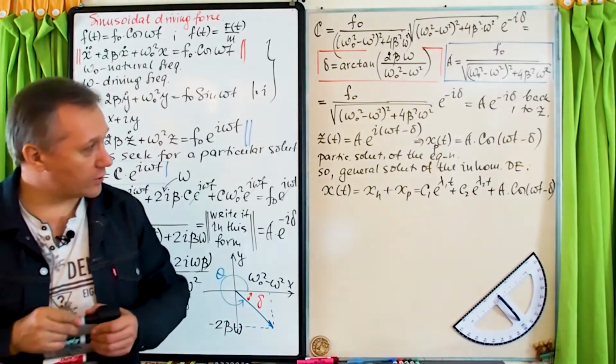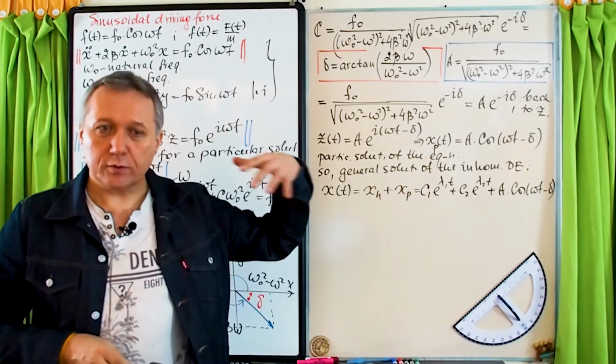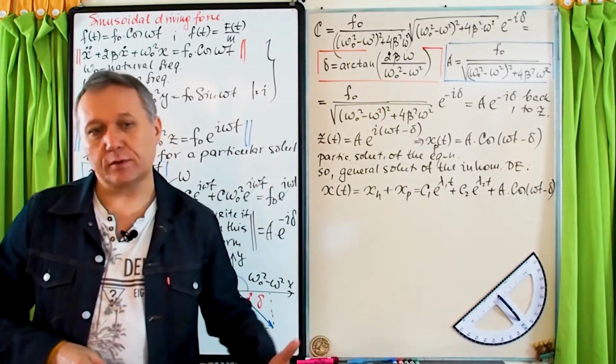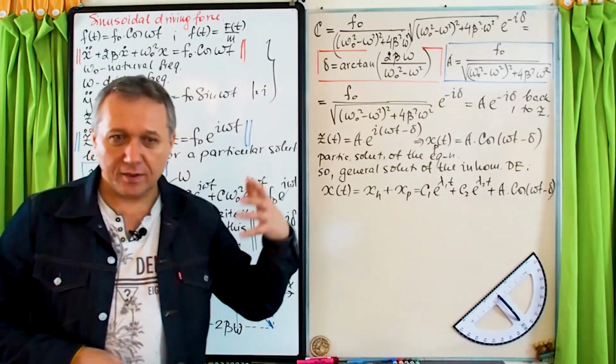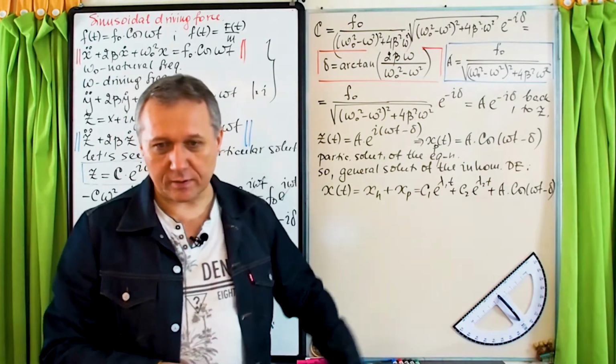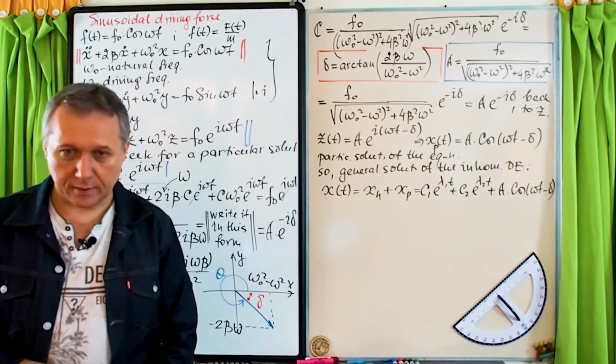Right now I just use lambda 1 and lambda 2, so it can be applied for any damping situation: underdamping, critical damping, overdamping, it doesn't matter.